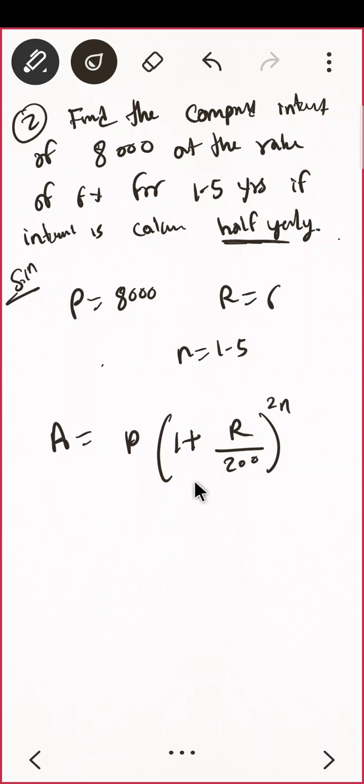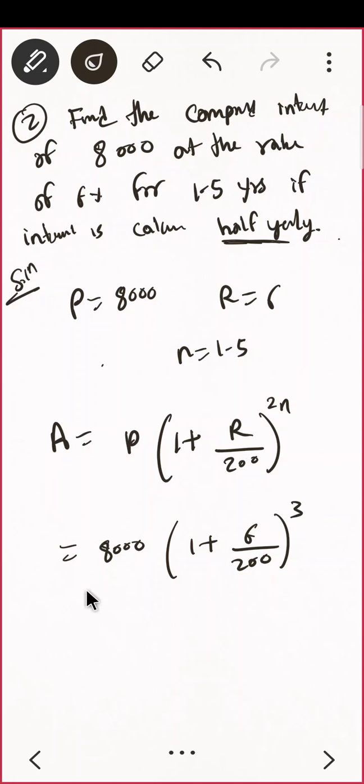So what is P? 8000 multiplied by 1 plus what is your R? 6 upon 200 raised to 2n. So 2n means 1.5 into 2, that is 3. So this is what we are having. Again, solve this a little. This will be 3 upon 100. Correct? So what is 3 upon 100?